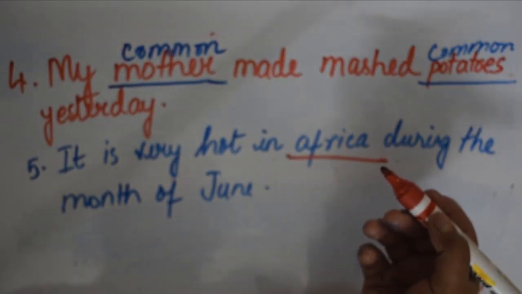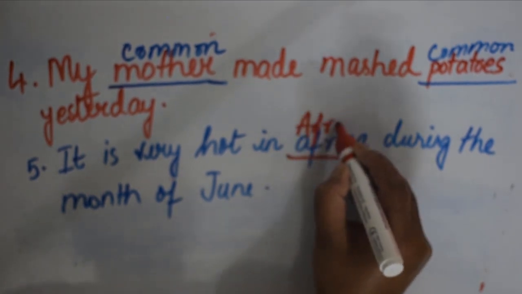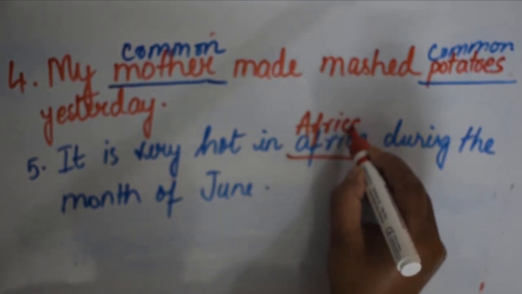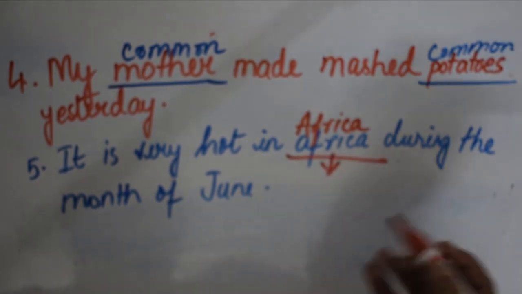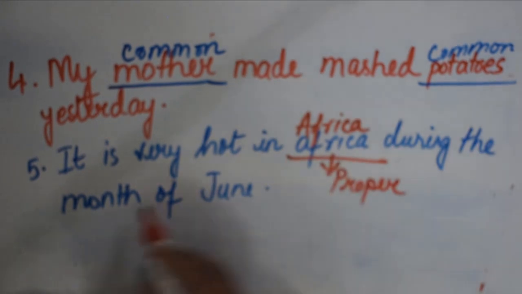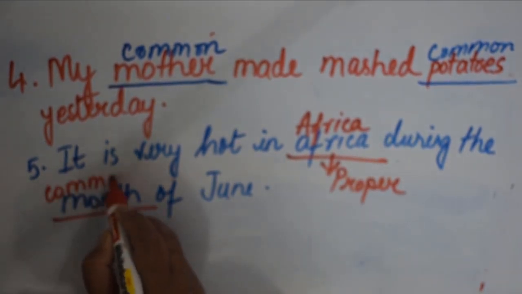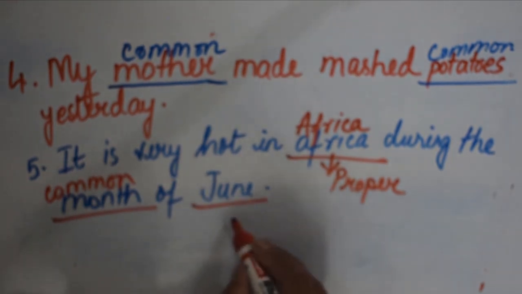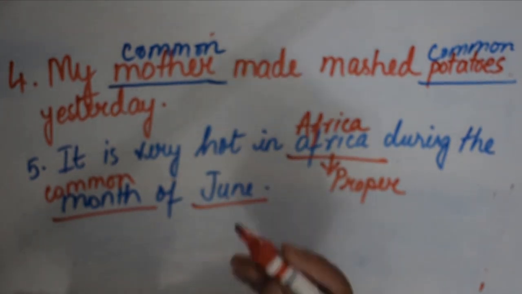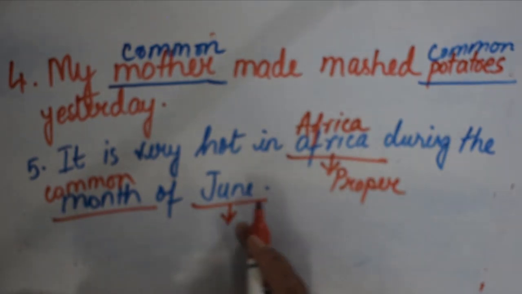Africa is the name of a continent, so it should be written with a capital A, Africa, and its type will be proper noun. Month will be a common noun. June, since it's already written with a capital J, there is nothing to be rectified.